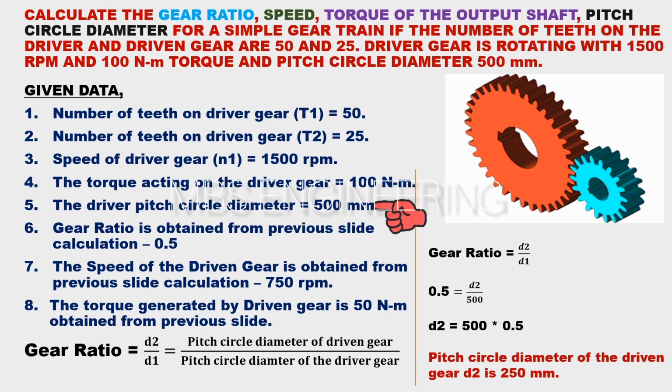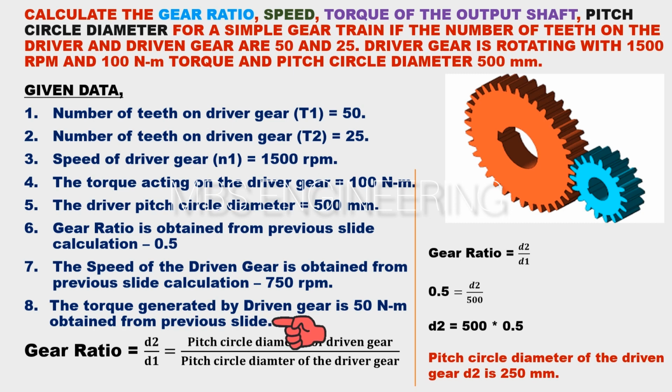Next data, the driver pitch circle diameter 500 millimeters. Next data, gear ratio 0.5, speed of the driven gear 750 revolutions per minute, and the torque generated by the driven gear 50 Nm, all obtained from previous slides.